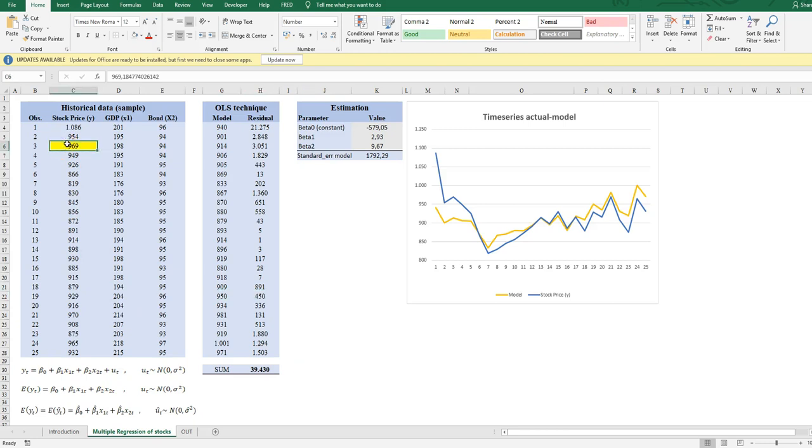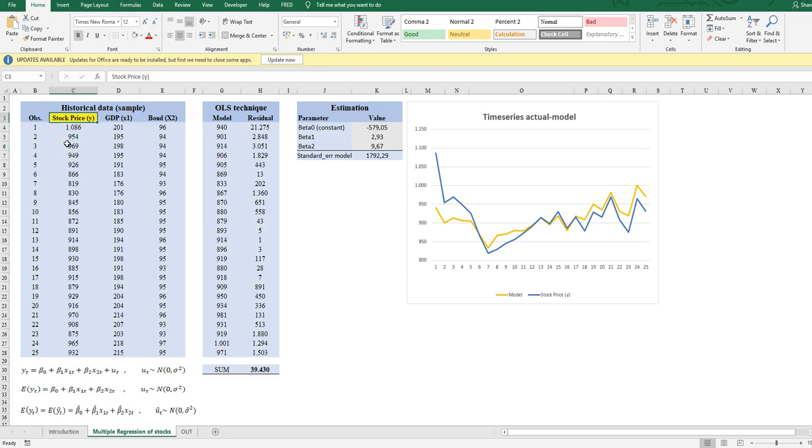Okay, here I have an observation vector, set up a little bit more simply, with 25 observations of data. Here I have the stock price. It doesn't really matter which stock it is, it's just the stock price.